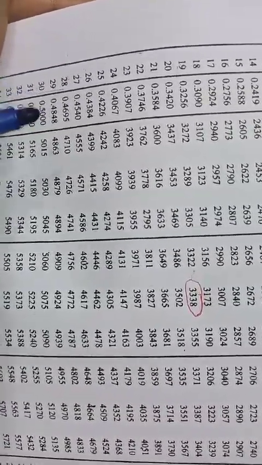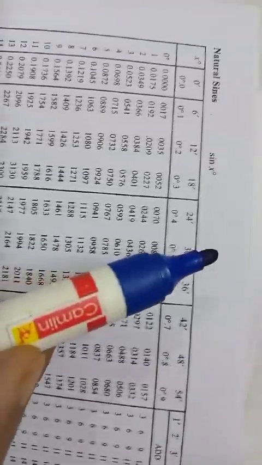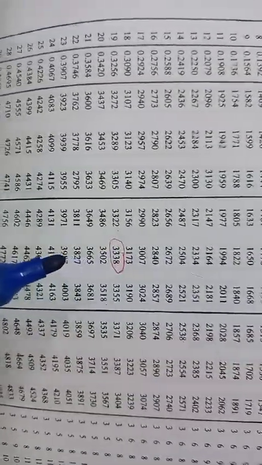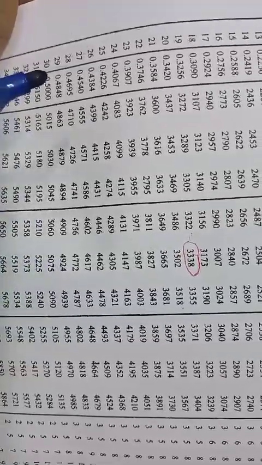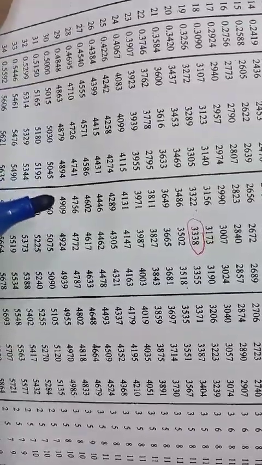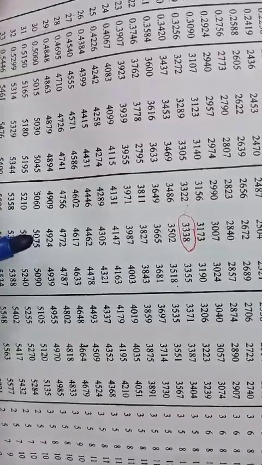So you go horizontally like this and you come down from the 30-minute column. So 30-minute you are coming down and 30 degree you are going horizontally. So what is it that you arrive at? You arrive at 5075.